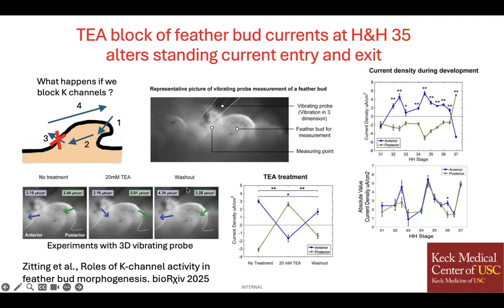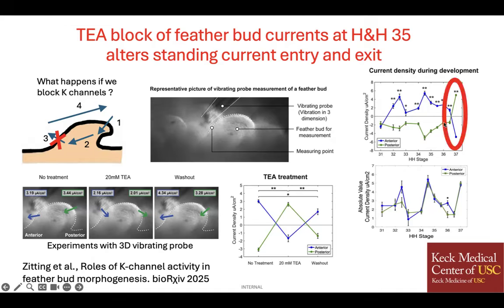And then when we wash out the TEA, we get a flip back to the original directions. So if you block the potassium channel current at the base, it also affects the current at the tip.